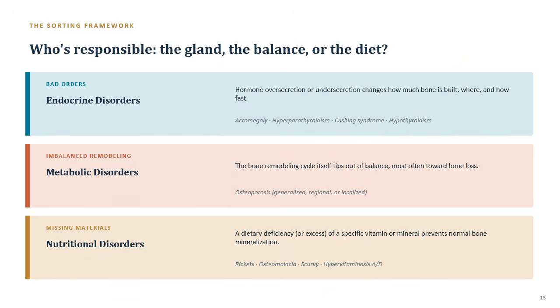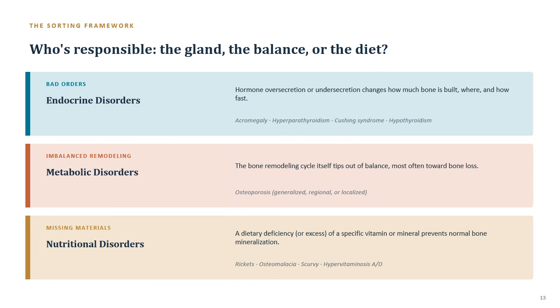So now we're looking at our sorting buckets again. We're sorting whether it's fallen into an endocrine system failure, a metabolic failure, or a nutritional failure. So we're looking at endocrine disorders, metabolic disorders, and also nutritional disorders.